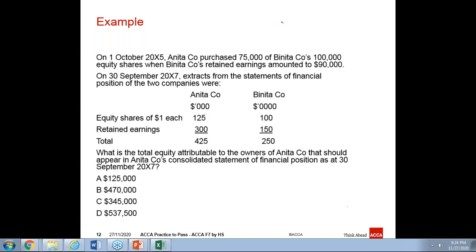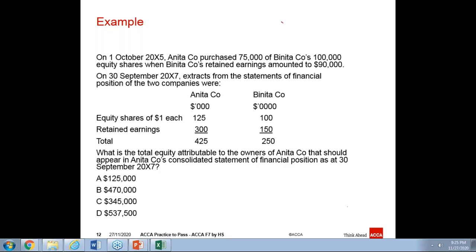In the group's retained earnings, we have to take the full retained earnings of the parent company, which is 300. But for the subsidiary company, you have to take the post-acquisition profit. Initially we had 90,000 retained earnings at the date of acquisition, and now it is 1,50,000.